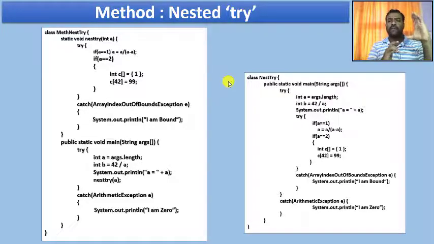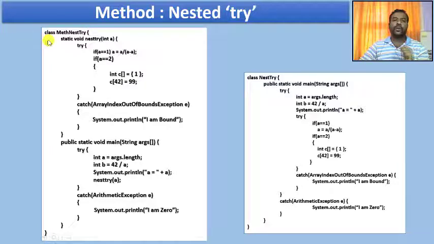I am going to have a main function where the main function has a try clause. Inside the try clause, I am going to have a method call or a function call. And if that function call contains a try block, we say the try block of the called function is nested inside the try block of the calling function.